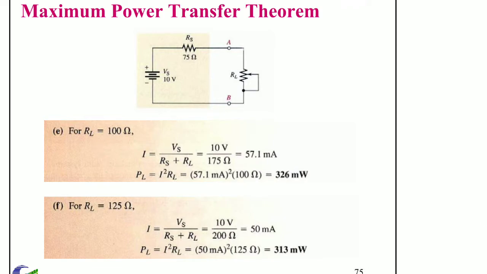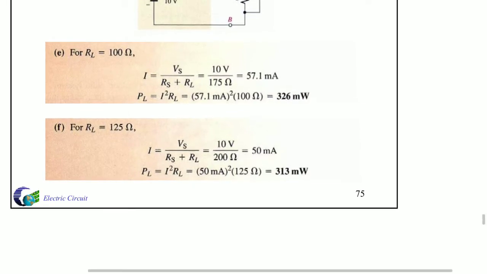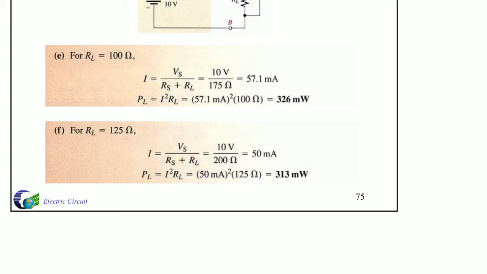Then RL equal to 125 ohms: in the same way, I is equal to Vs by Rs plus RL, 10 volts by 200 ohms, which gives 50 milliamps. Now PL is equal to I square into RL, so 50 milliamps square into 125 is 313 milliwatts. Now it goes on decreasing.